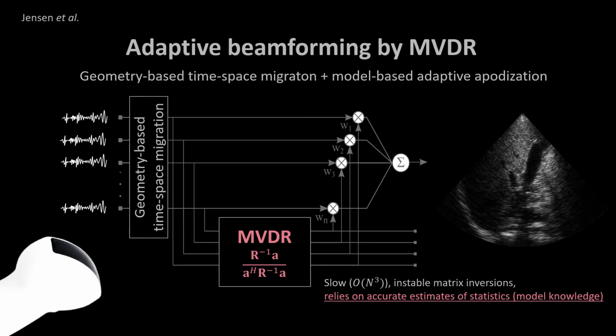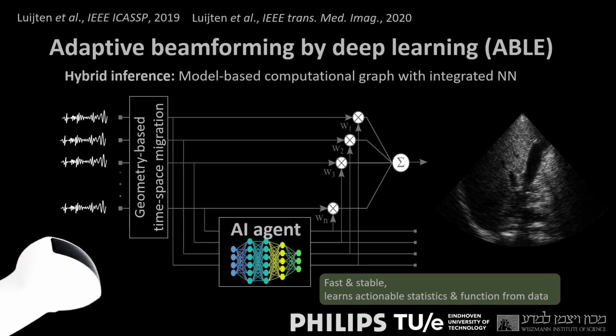Now what we did in this work is replace the MVDR processor, which is slow and relies on these estimates of these statistics, by an AI agent. So what you have here is a deep network plugged into this model-based computational graph, and the AI agent learns fast and stable, actionable statistics and function from data. So basically it learns to implicitly do the right thing by training.